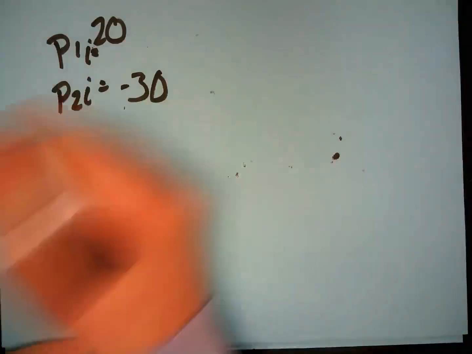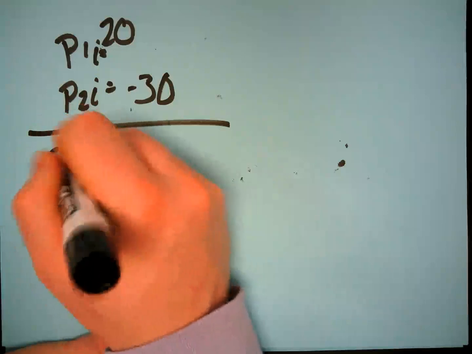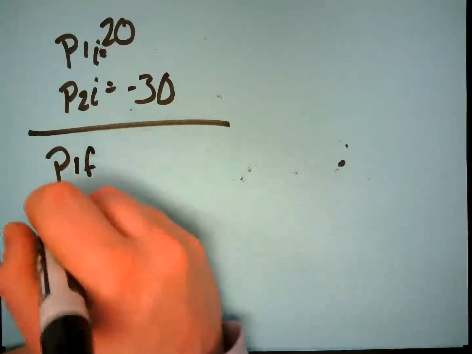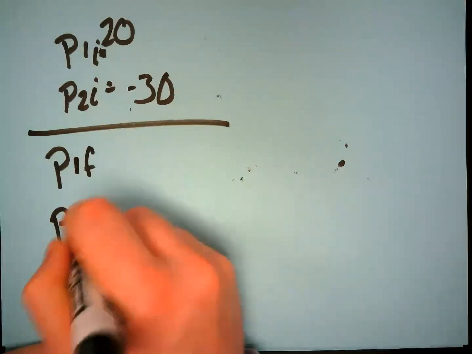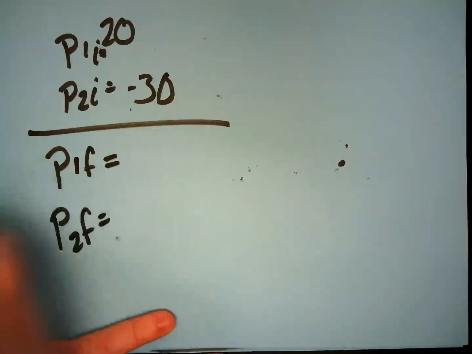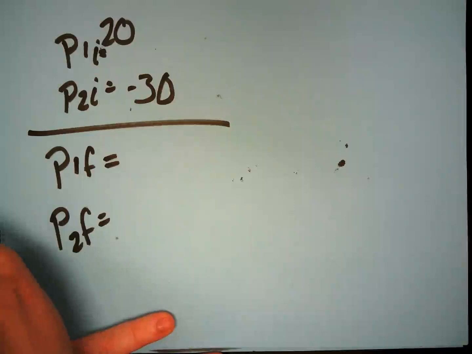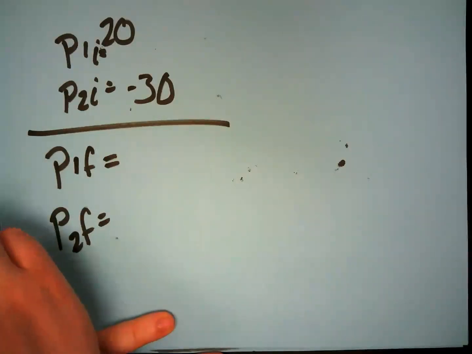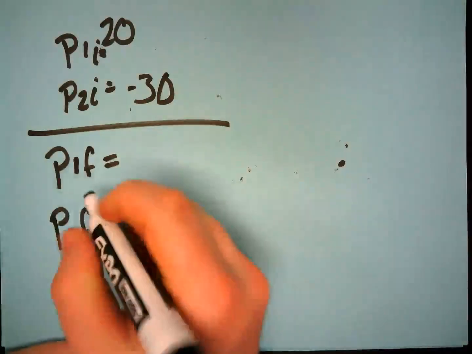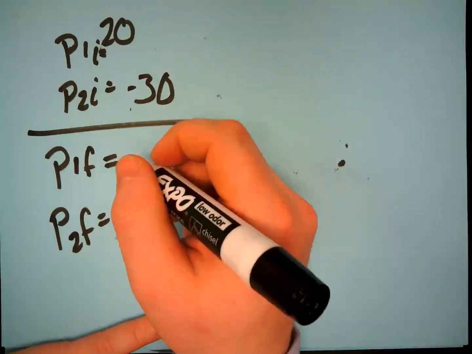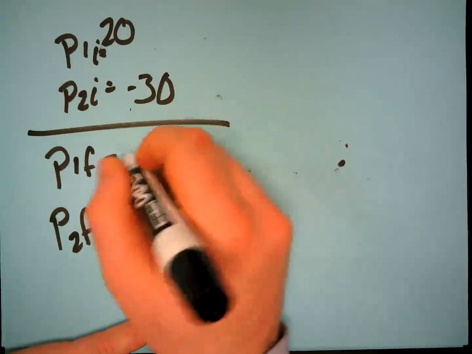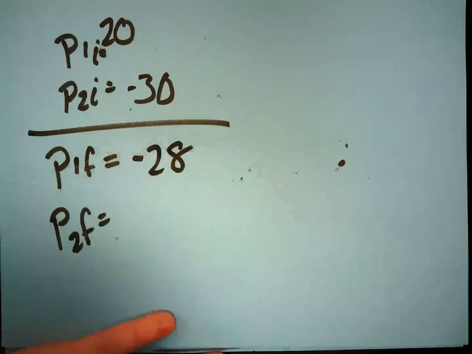So then the momentum of our first object finally, and the momentum of our second object finally. The first object is negative 7 times the mass, which is 4, which is negative 28.